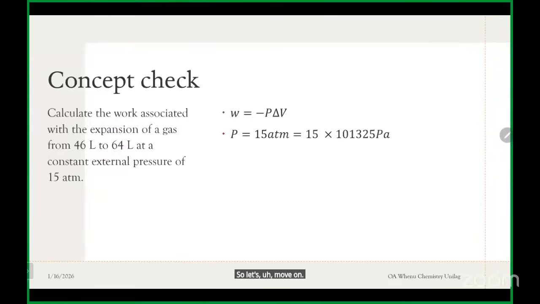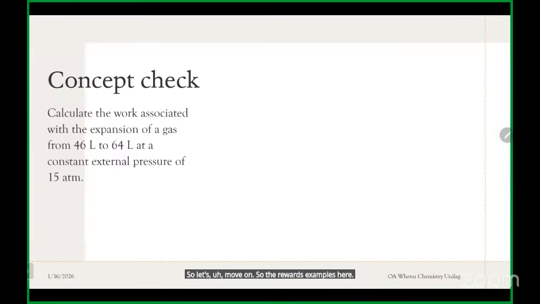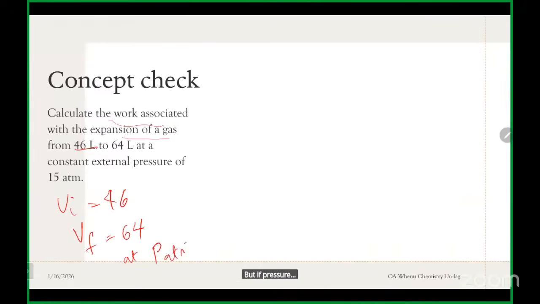There's a worked example here. Calculate the work associated with expansion of a gas moving from an initial volume of 46 to a final volume of 64 at a pressure of 15 atmospheres.